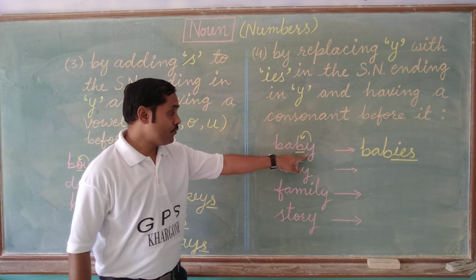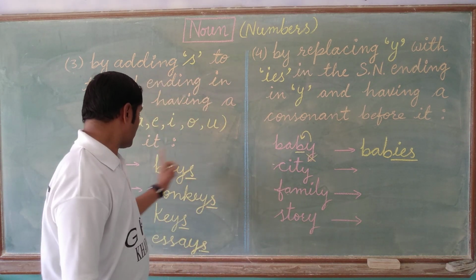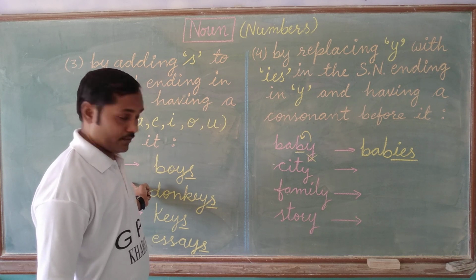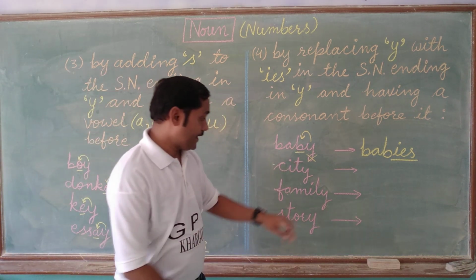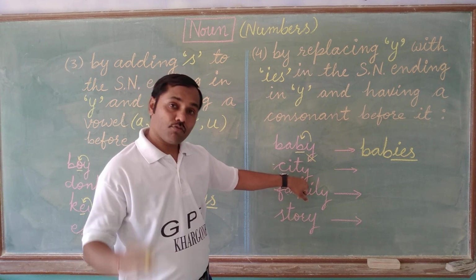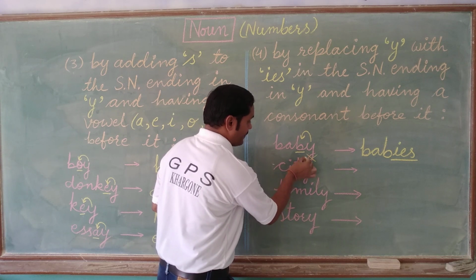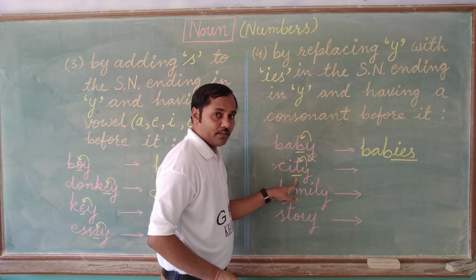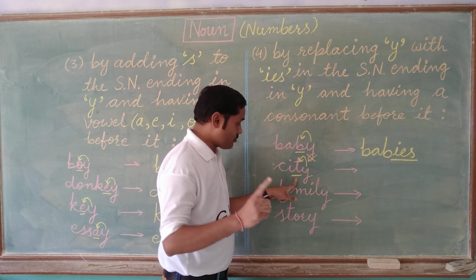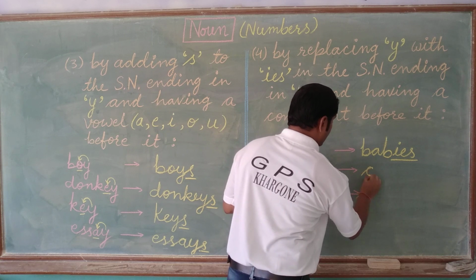We have to remove Y from here. This is something different from this situation. The next example, city. This spelling is also ending with Y, but this time before Y we don't find any vowel, we found a consonant. So we will apply the same rule. Cities.